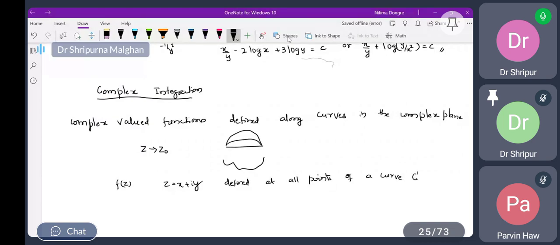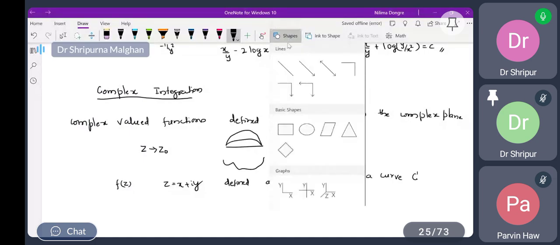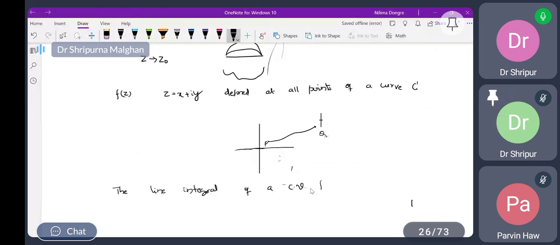You can just draw the figure there. The integral of f of z along the path C is usually denoted by integration over C of f of z dz.